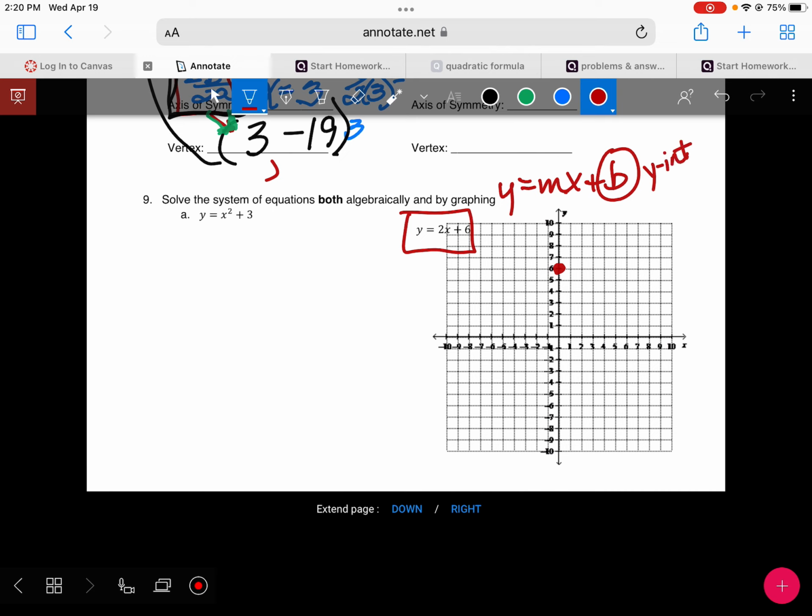And what else do I know? Slope is what? 2 over 1. That means up 2 and right 1. Up 2, right 1. Up 2, right 1. And you would draw a line, something like that.